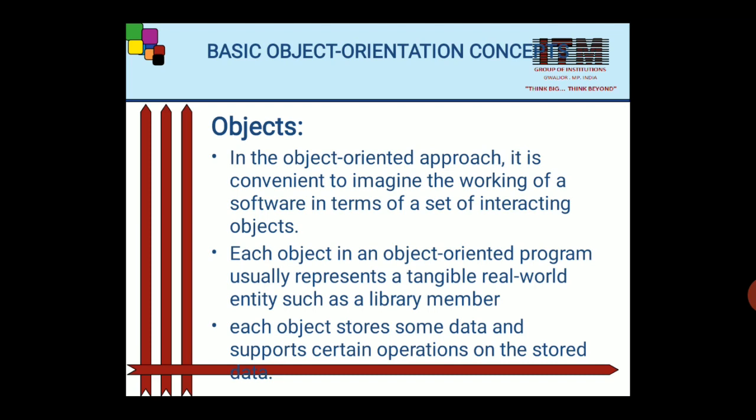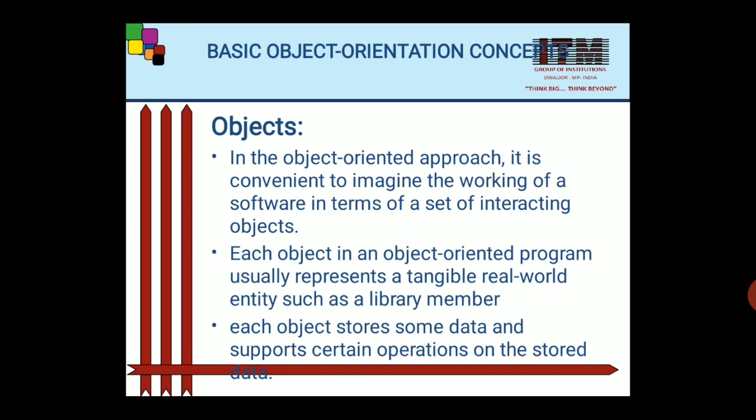The private data of the library member object are the name of the member, membership number, address, phone number, email address and so on. The operations supported by the library member object are issue book, find book, return book, find membership details and so on.